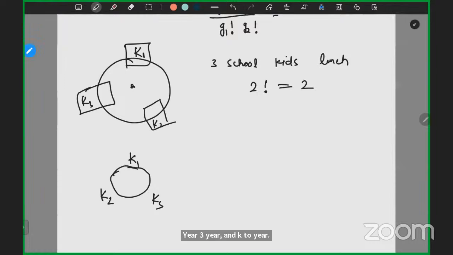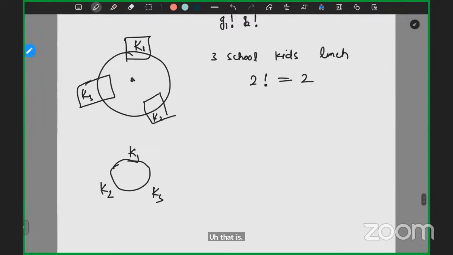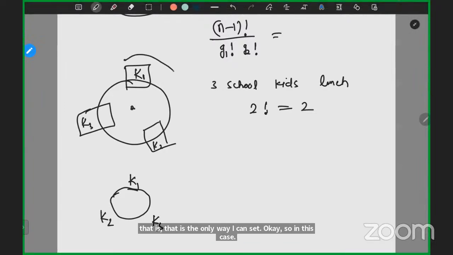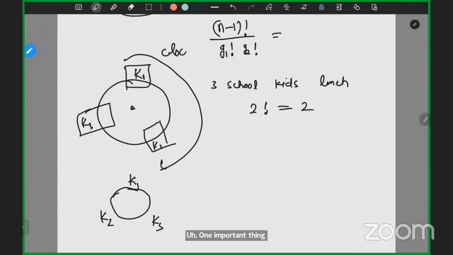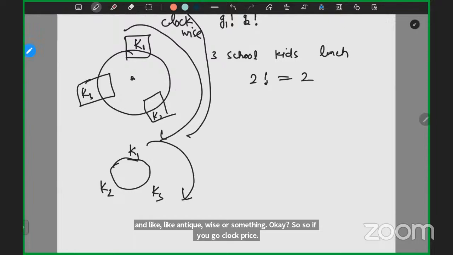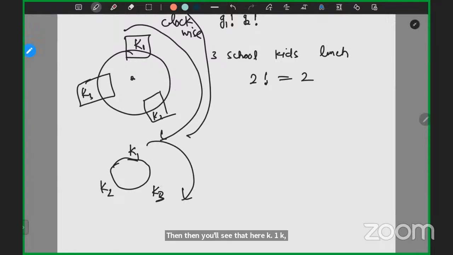That is the only other way I can seat them. One important thing is we see clockwise and anti-clockwise. Going clockwise, in one case you see K1, K2, K3, and in the other K1, K3, K2. There's no other way you can arrange them.